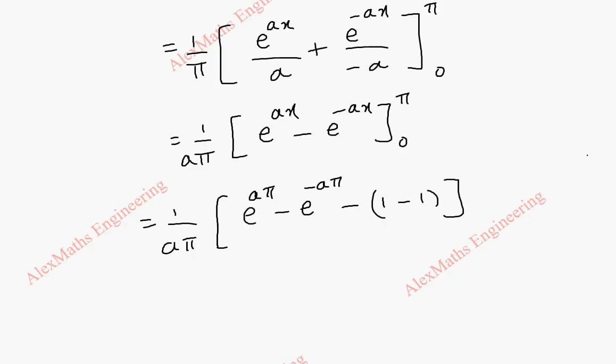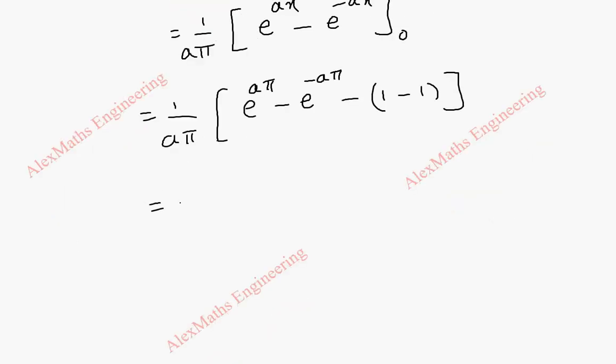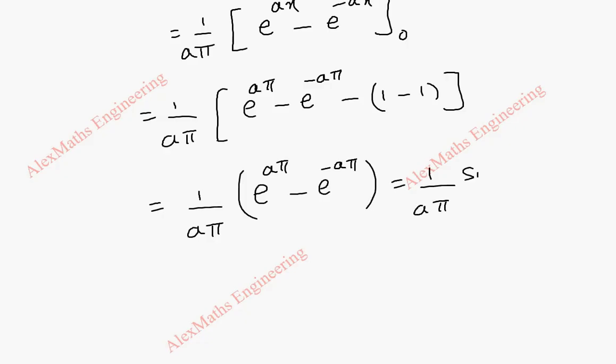So totally it is 0. So we are left with 1 by a pi into e power a pi minus e power minus a pi. But this whole term is nothing but sinh a pi.